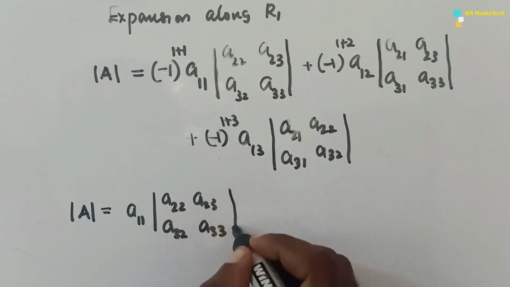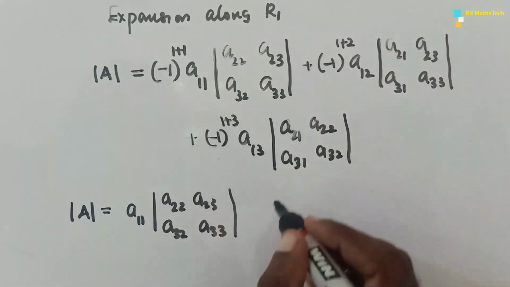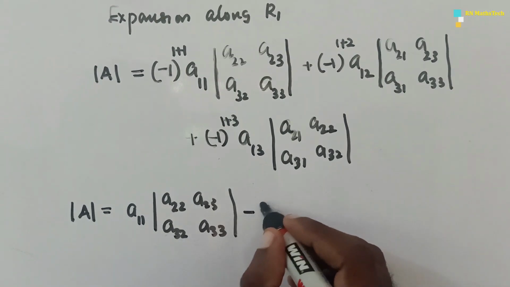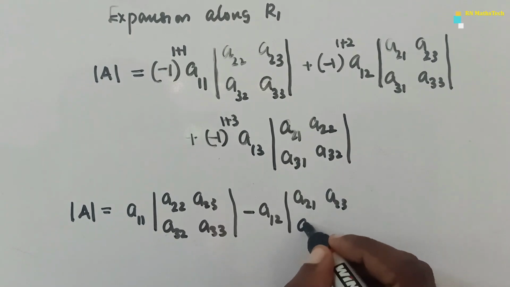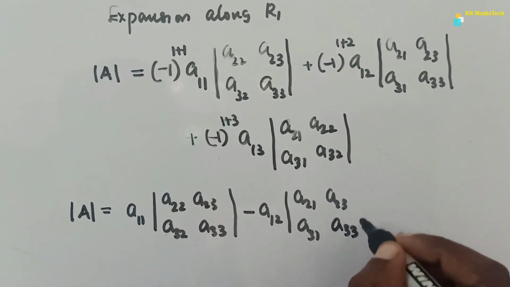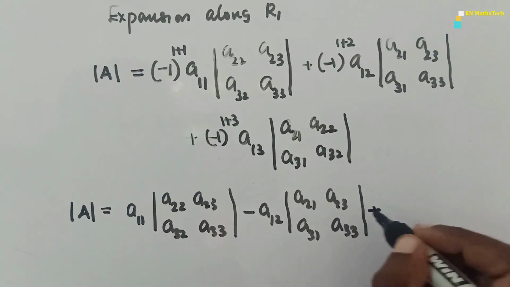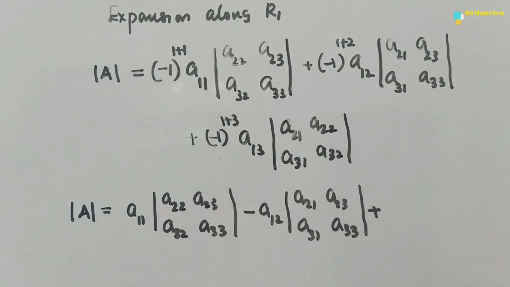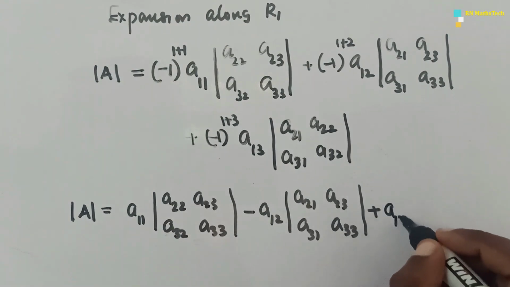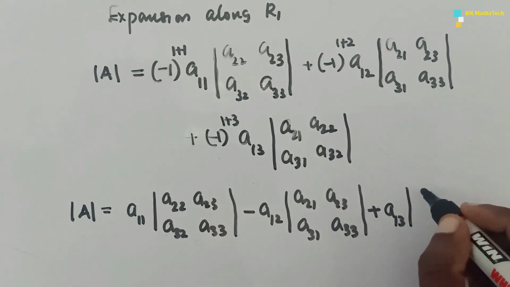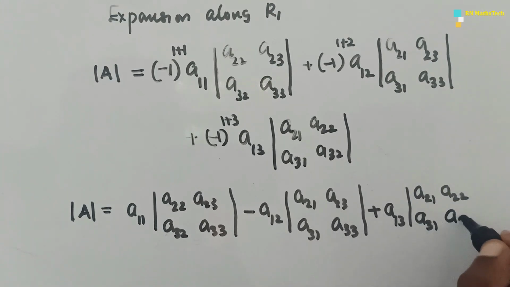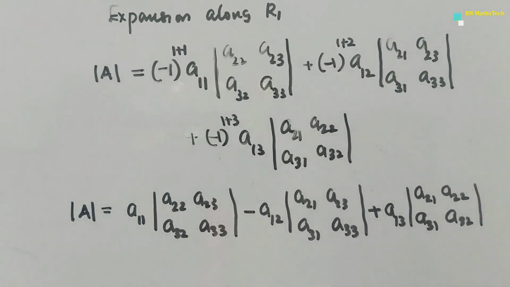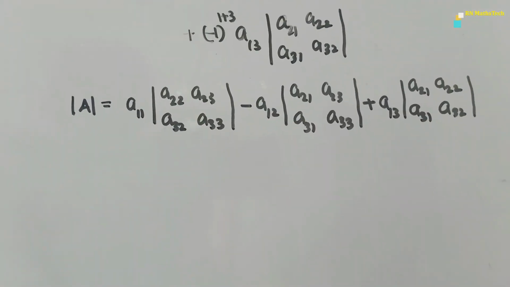For the second, minus 1 raised to 1 plus 2, minus 1 raised to 3, that is negative A12 into determinant A21, A23, A31, A33, plus here minus 1 raised to 1 plus 3, minus 1 raised to 4, that is positive A13 into determinant A21, A22, A31, A32. So that is the value of the determinant expanding along the first row.